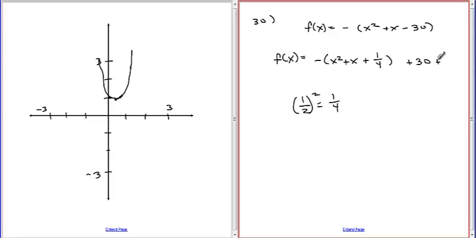So we add 1/4 at that point to the other part to balance out the two things. So this can be rewritten as x plus 1/4 squared. And then we have 30 1/4. It's just slightly more than 30. So that's in standard form.